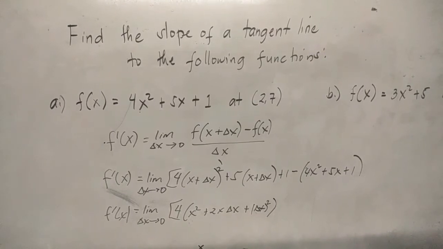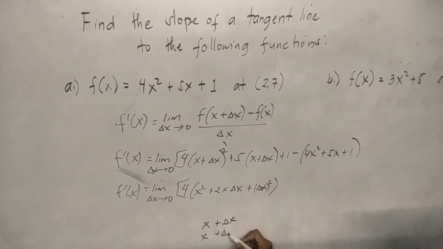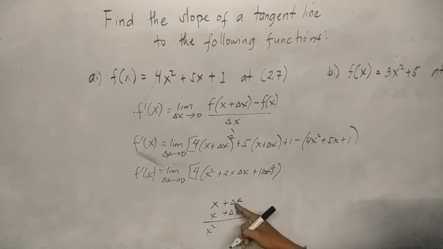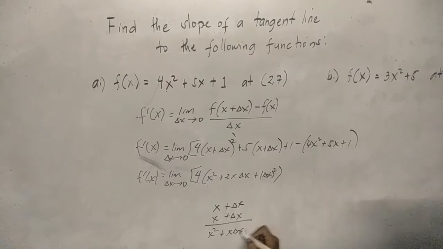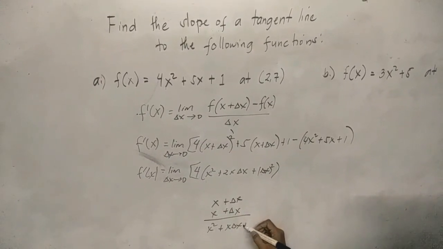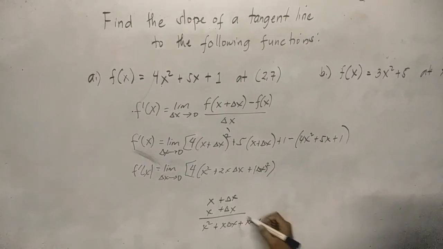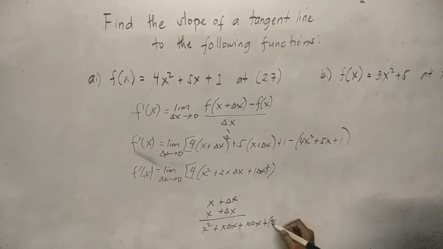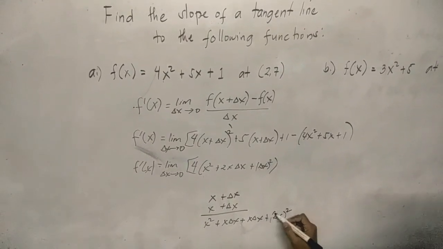We have x plus delta x times x plus delta x: x squared times x squared, x times positive delta x, we have plus x delta x, then the next one, delta x times x, positive x delta x, and then delta x times delta x is equal to delta x squared.